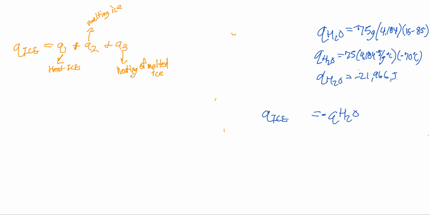So what we need to do now is break down each of these parts and fit in their equations. So we know that Q1 is going to be the mass of the ice, the heat capacity of the ice, and it's going from a temperature change of 0 degrees Celsius, where it's going to end up, starting from minus 25.